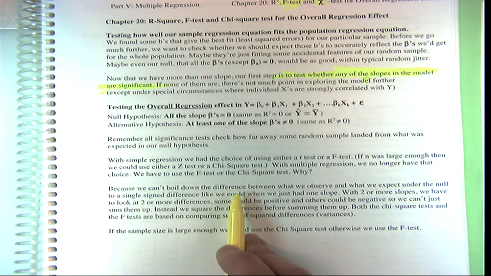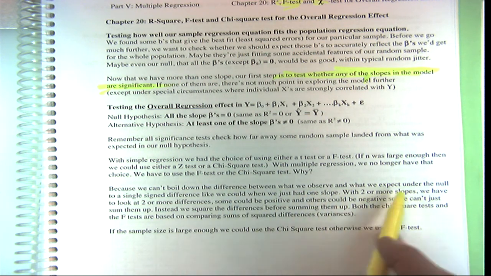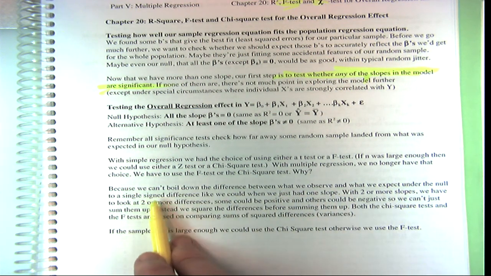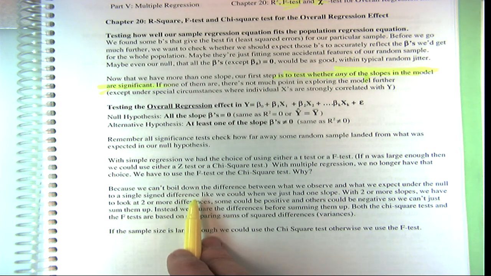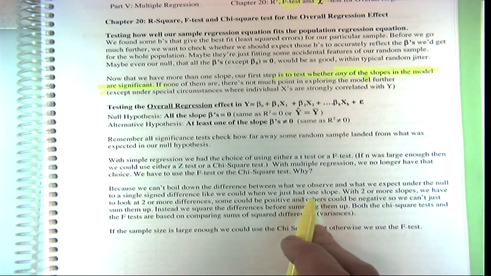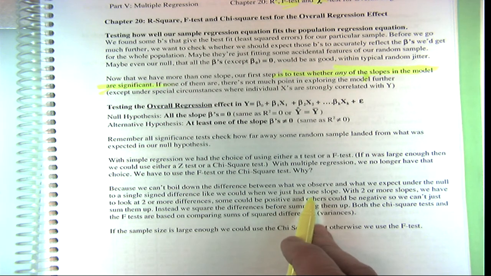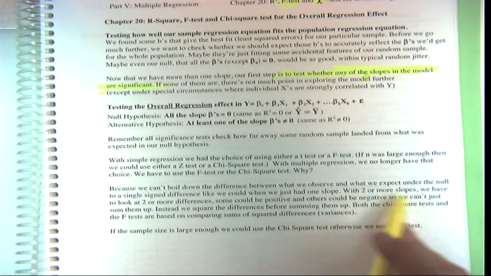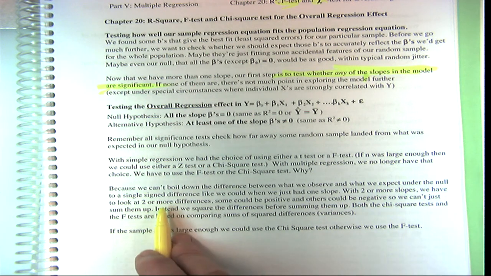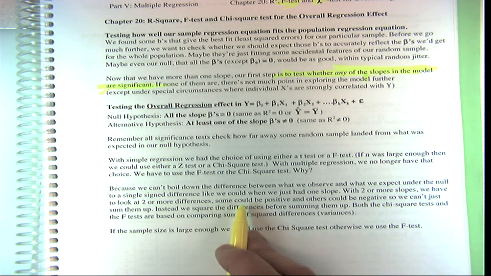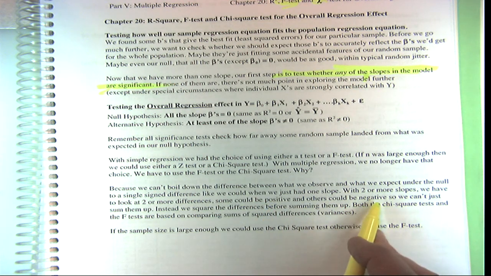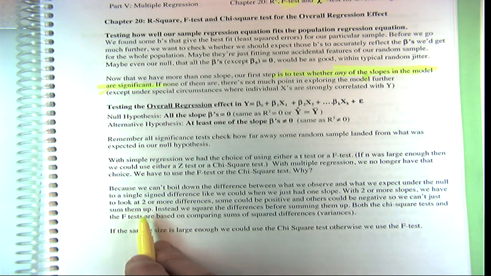Because we can't boil down the difference between what we observe and what we expect under the null to a single signed difference, like we could when we just had one slope. We could see how far that one slope was from 0. With two or more slopes, we have to look at two or more differences. And some could be positive, some could be negative, so we can't just sum them up.